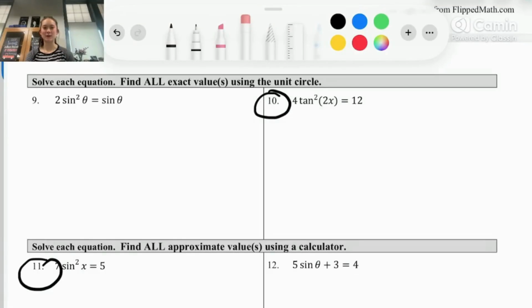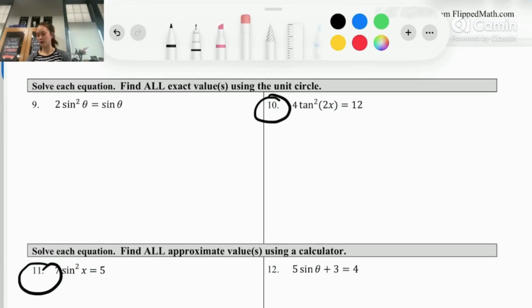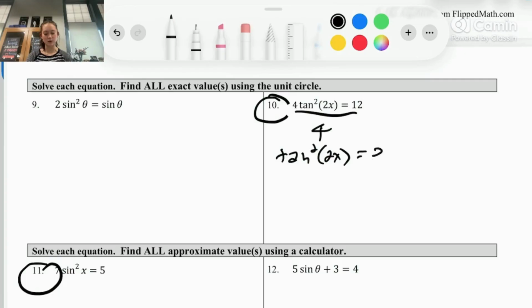Okay, now we're going to start with question number 10. We're going to start with dividing both sides by 4, so you'll get tan squared with 2x in the parentheses equals 3.